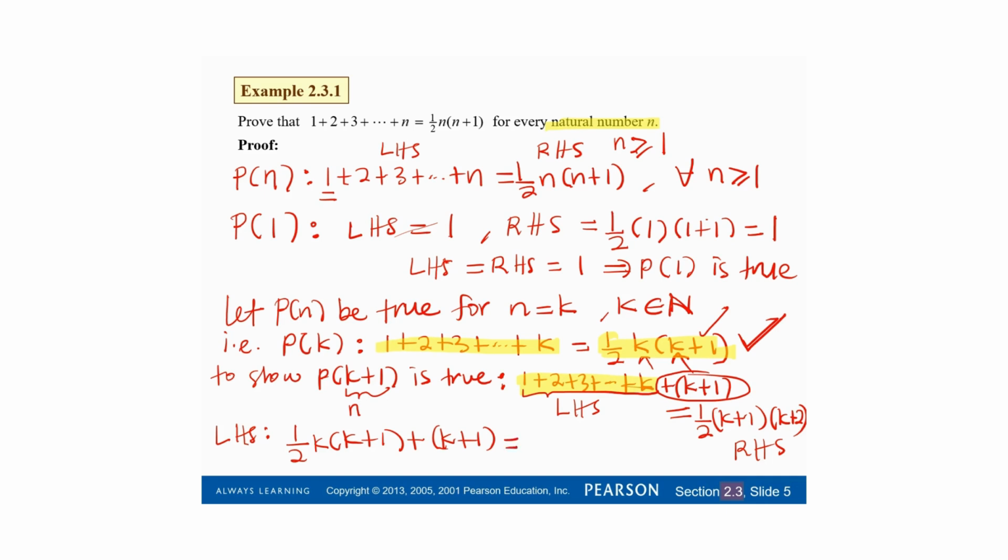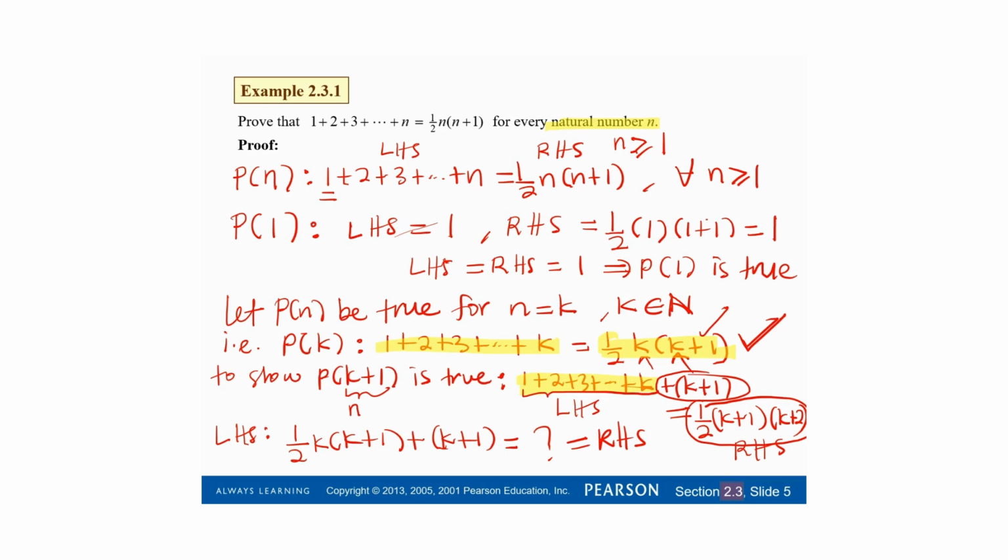Is it possible? You should be able to simplify it so that you will have this one. I leave it for you to prove; you just need to do some factorizations.